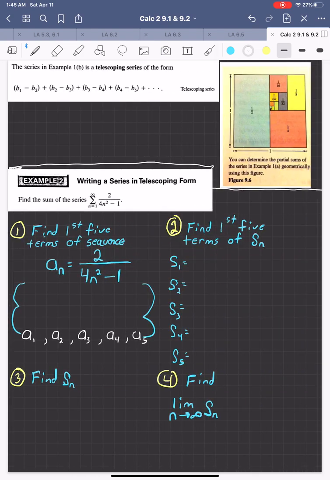Okay. So bear with me here. In that example, 1b on the previous page, is a type of series that we call a telescoping series.